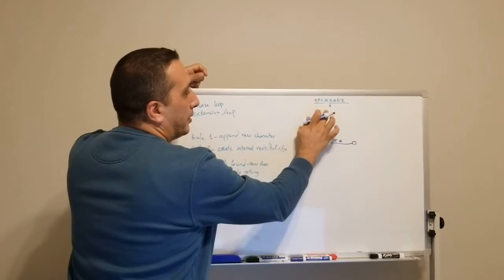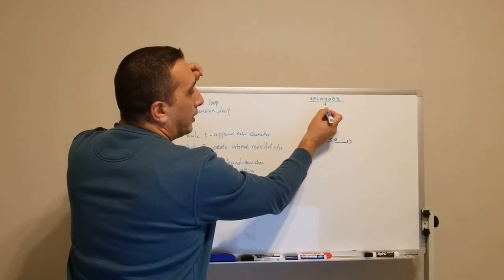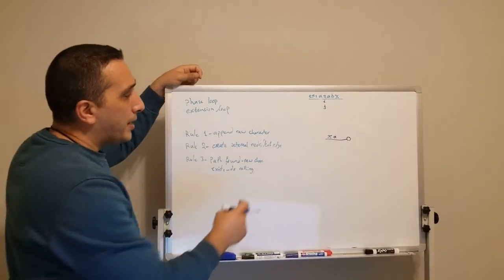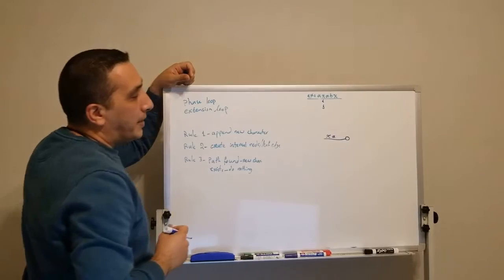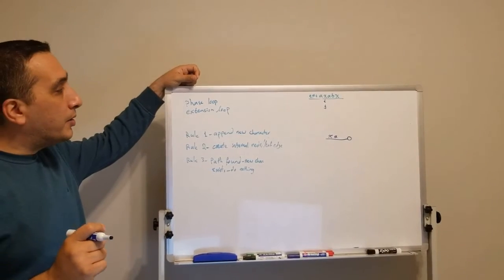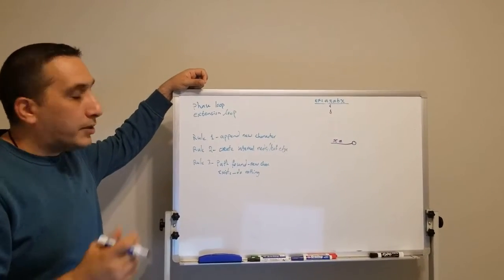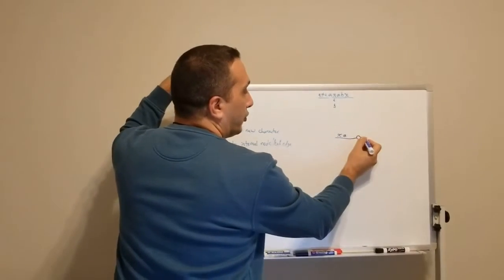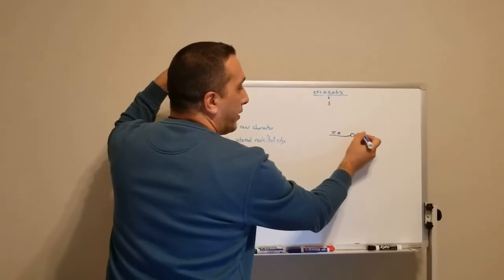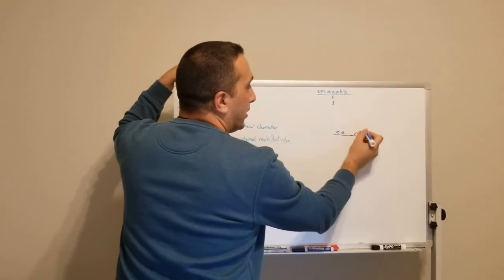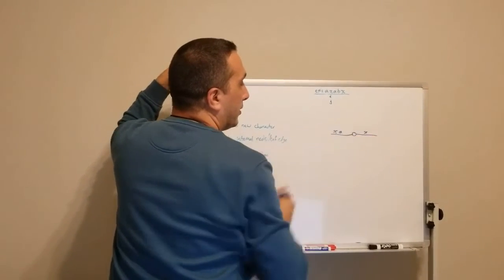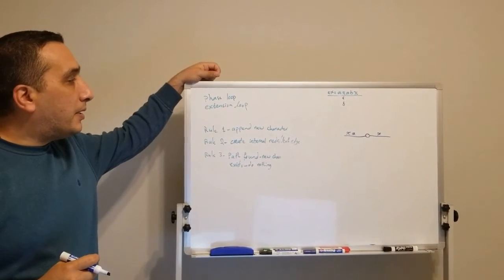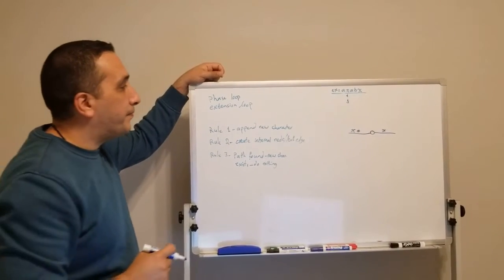Then the inner loop will increment as well. And now we're going to try to find a path from the root node to the character X, which doesn't exist currently. And therefore, we're going to draw and create a new leaf edge and label it as X. And that completes the phase, the second phase.